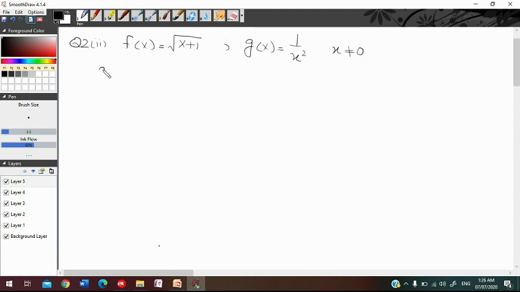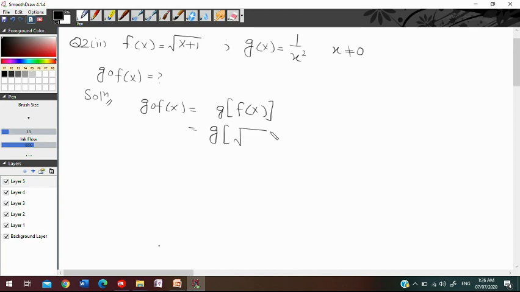Here I would like to solve g naught f of x for this part. Now the solution: g naught f of x means g of f of x, and we use the value of f of x, which is under root x plus 1.